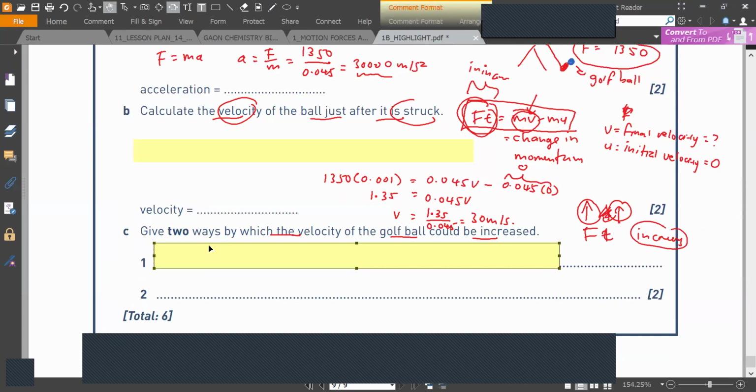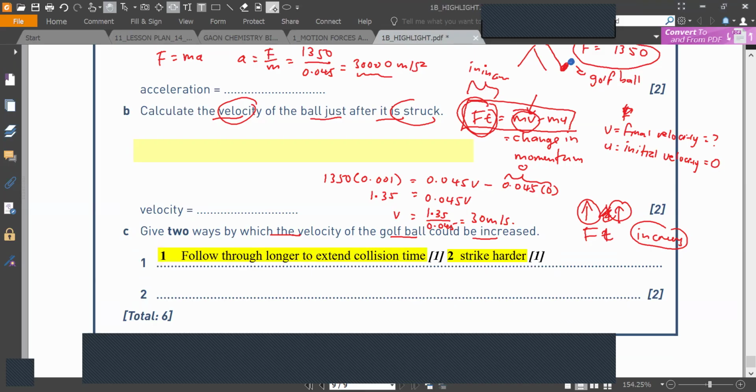So our answer will be to extend the collision time, or strike harder. Either the force increases or the time increases, and then Ft will increase. That's the concept there.